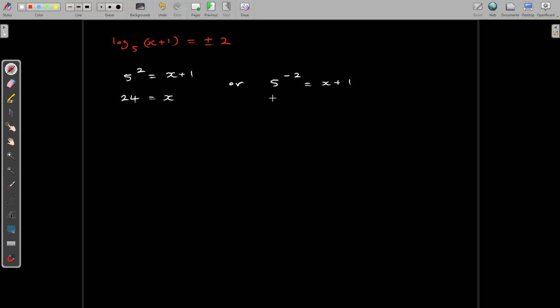So this is 1 over 25 minus 1 is equal to x. So x is equal to negative 24 over 25. And these would be your two solutions. Any questions on that?